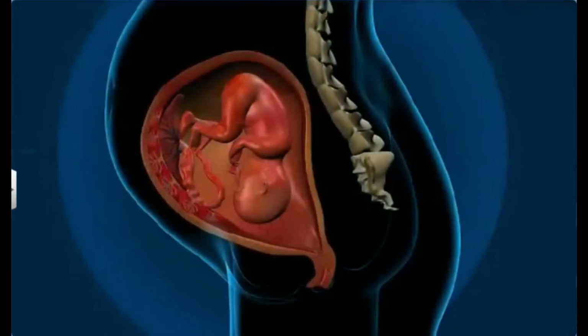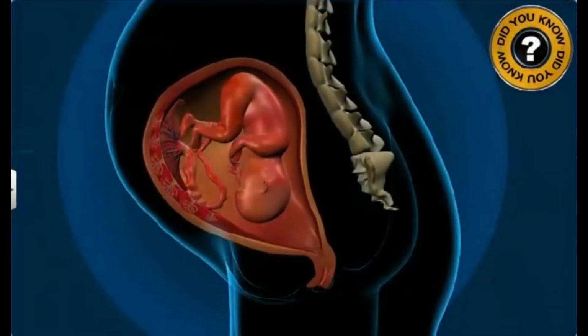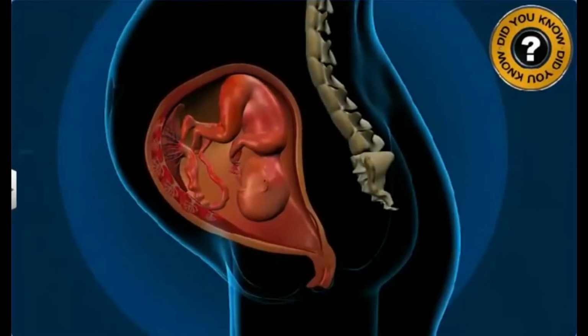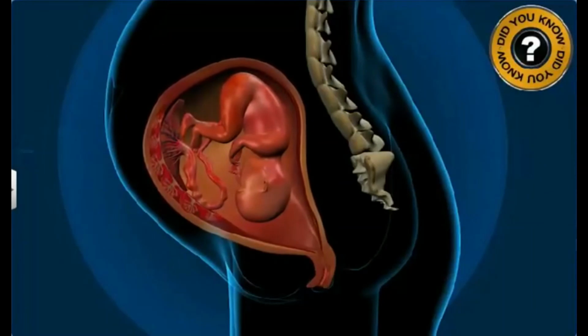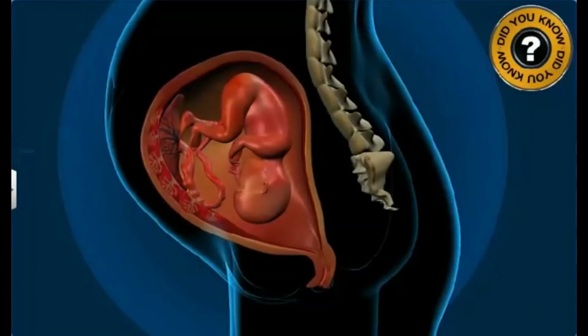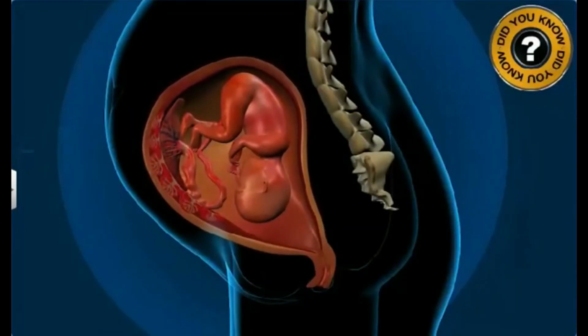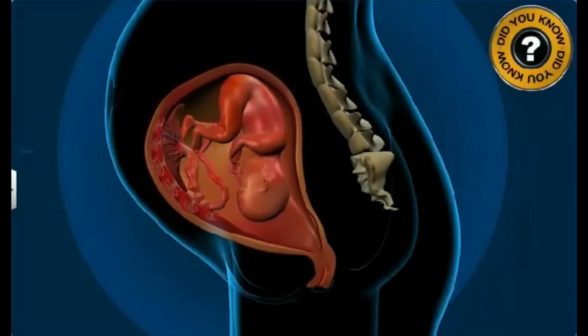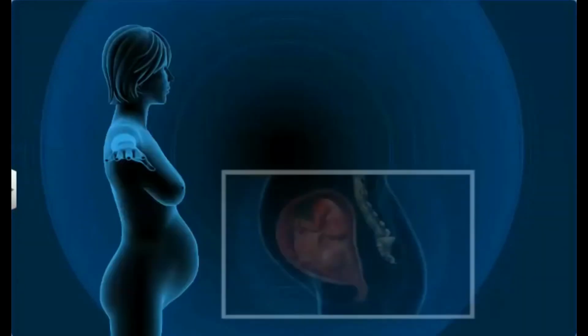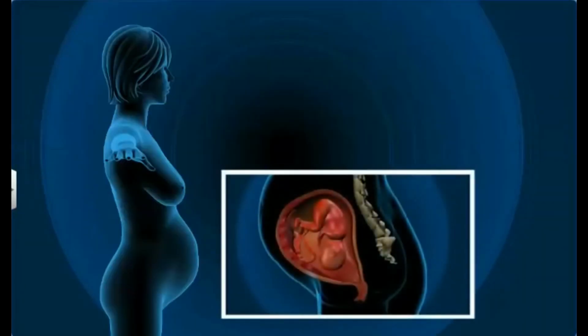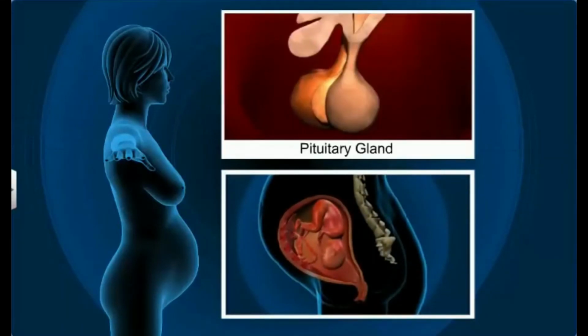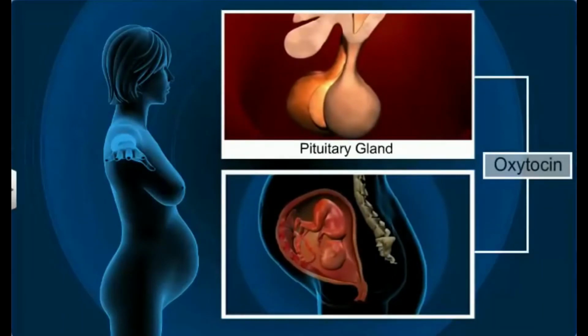Do you know that at the end of the gestation period, the fetus as well as the placenta start secreting hormones that set in motion mild uterine contractions called the fetal ejection reflex. These contractions in turn act on the mother's pituitary gland, which now starts secreting oxytocin, a hormone that causes strong uterine contractions.